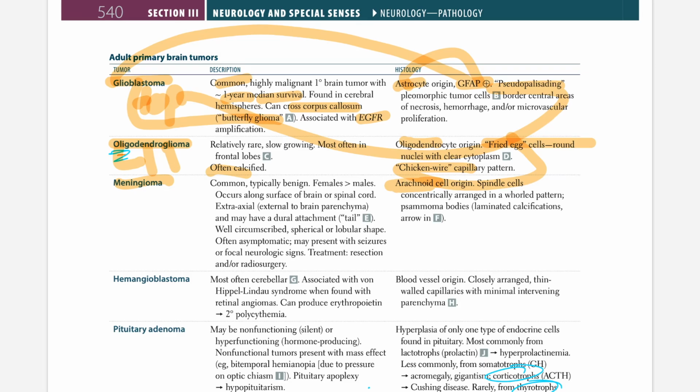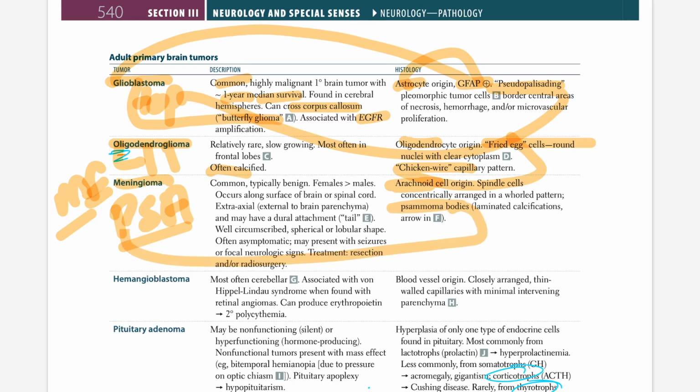Men are associated with PSA. Men for meninges and PSA, right? P is for psammoma bodies, which are laminated calcifications. S is for spindle cells, and A is for arachnoid cell origin.